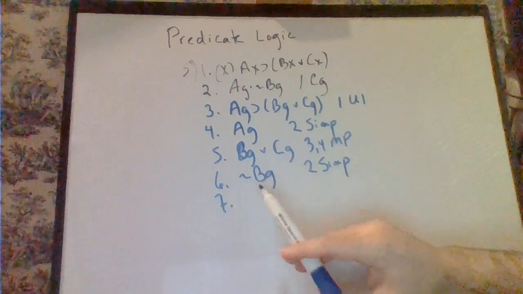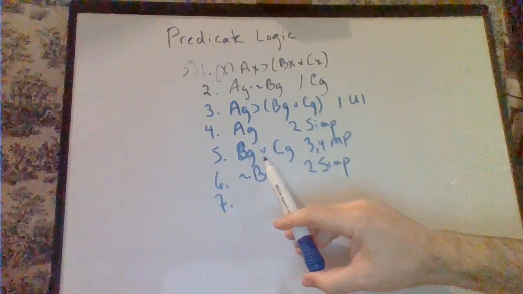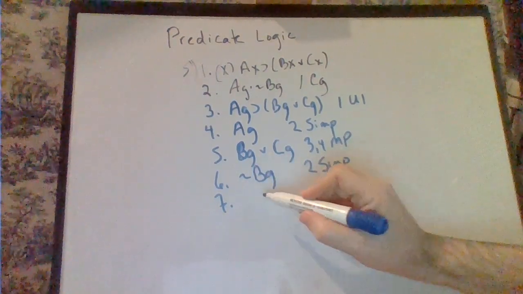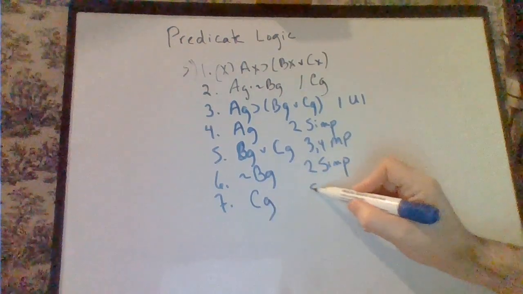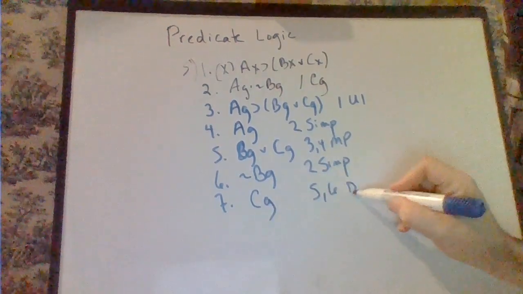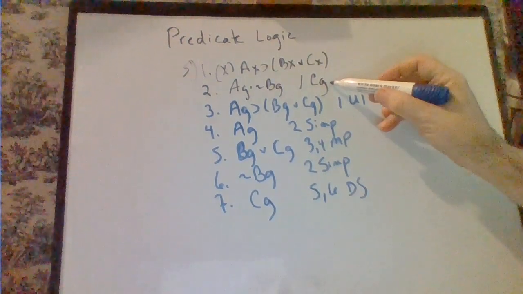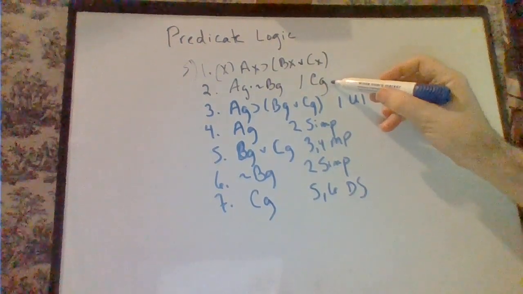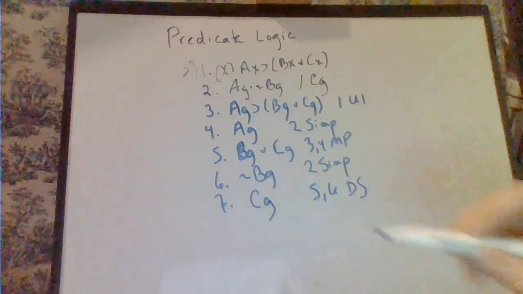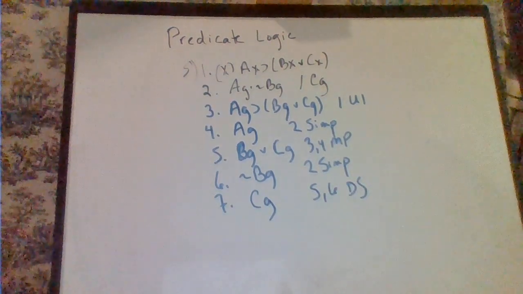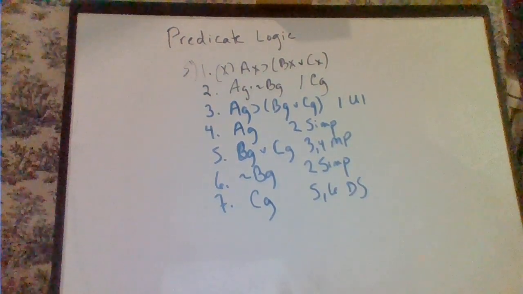And so now there's our disjunctive syllogism, Bg or Cg, not Bg, therefore Cg. 5, 6, disjunctive syllogism. And it doesn't ask for anything other than that. It's the Cg, so we're already in the form that they were looking for. So we can stop right at that point and consider number 5 to be done.